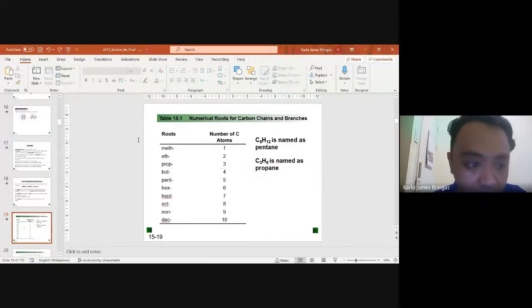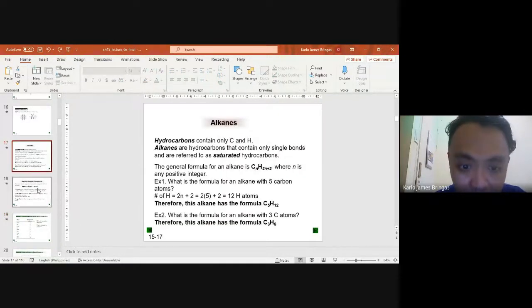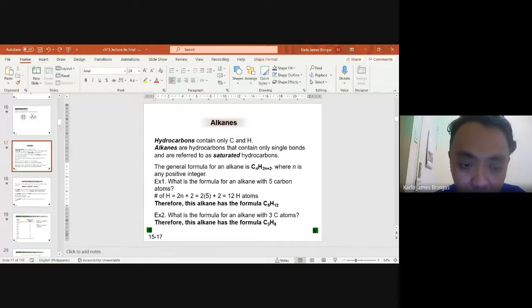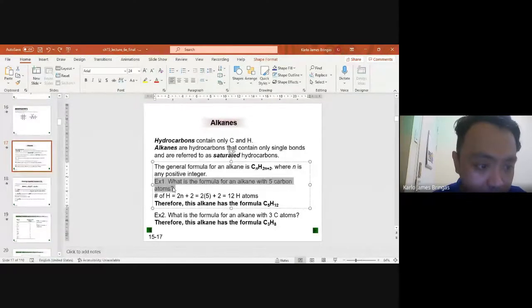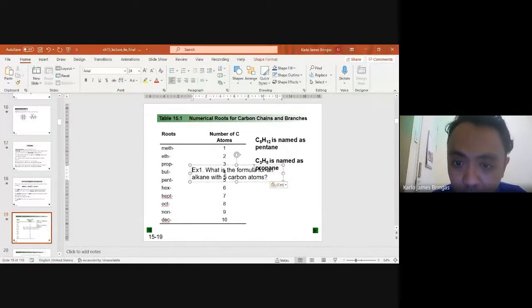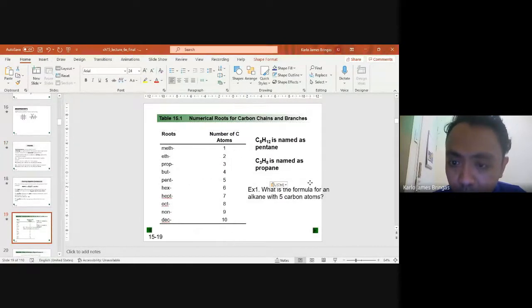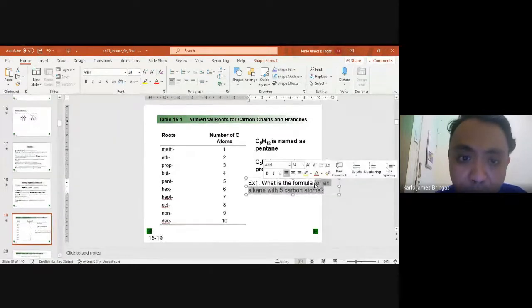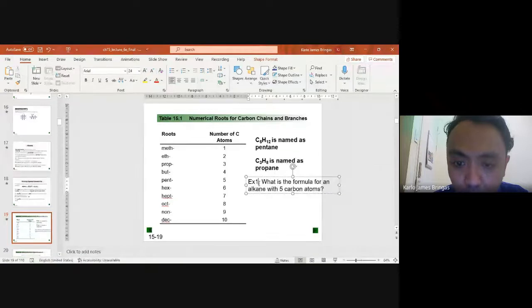Now let's try a different example na naman at this point. So now that we have the list of roots and we already understood how to name our alkanes, let's say we now have this example.